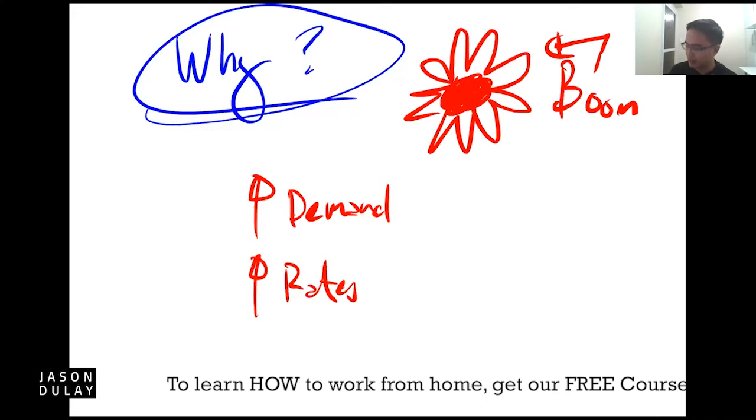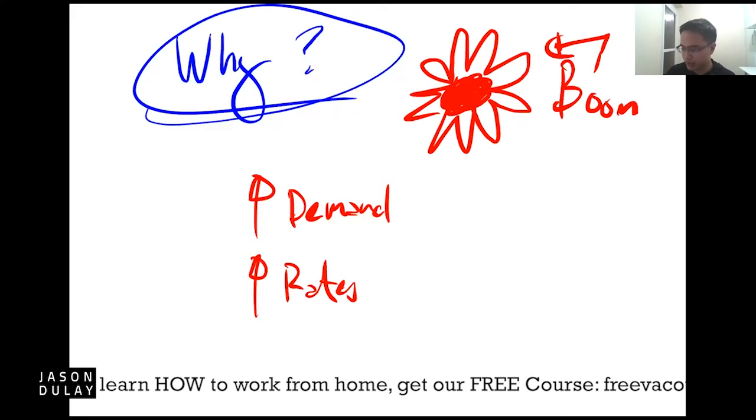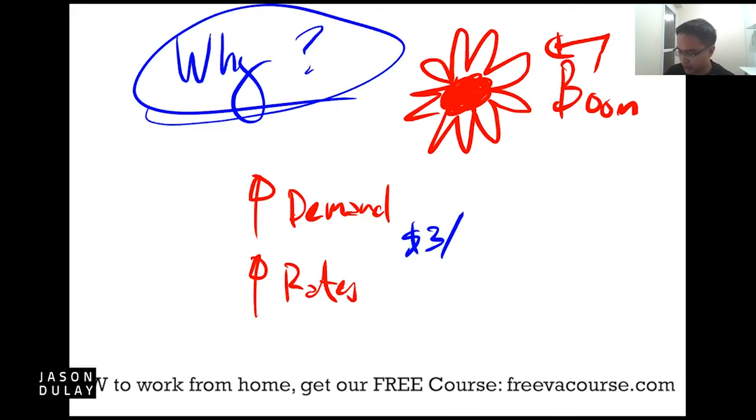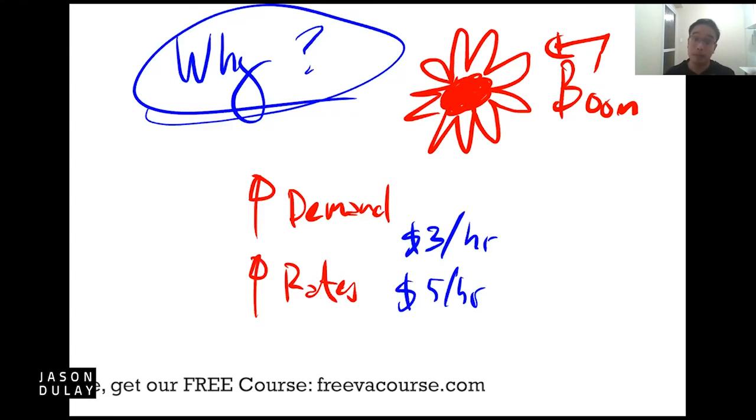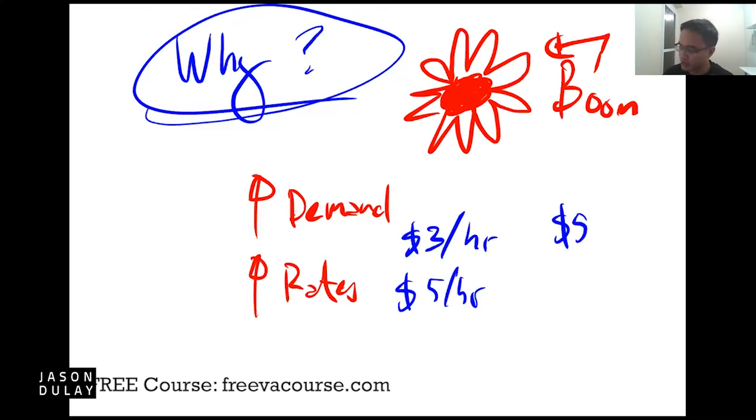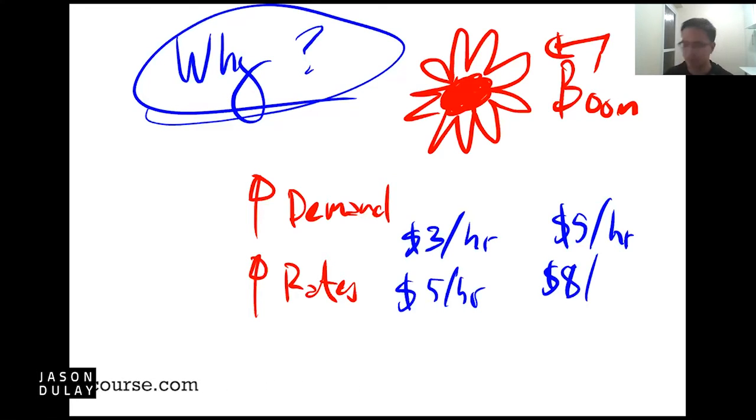Like if regular VAs who don't know e-commerce can charge $3 per hour, e-commerce VAs can charge $5 per hour. More experienced regular VAs can charge $5 per hour, e-commerce VAs can charge $8 per hour. As you can see, there is a pretty big difference in the rates that you can charge.